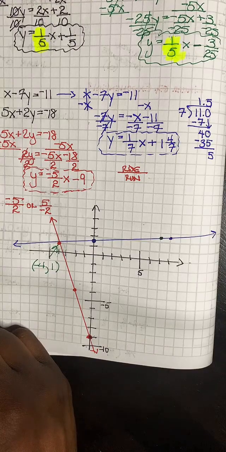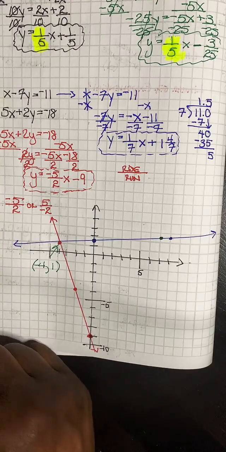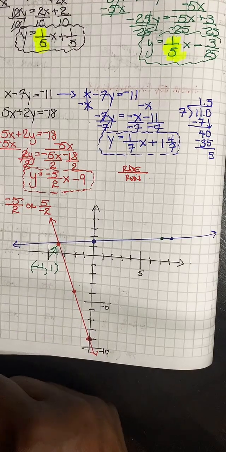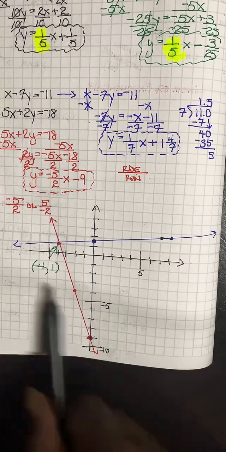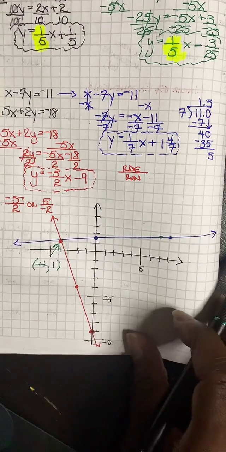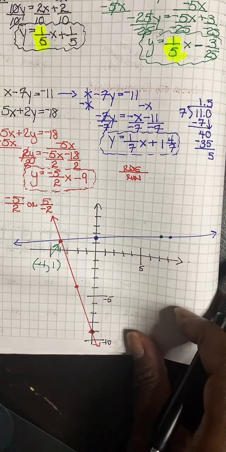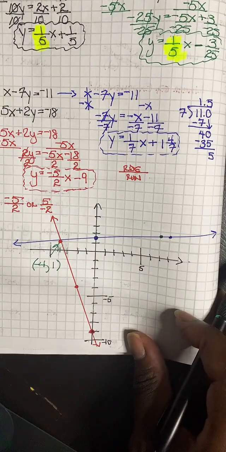All right, so roughly, that'll be your point of intersection. And again, once you figure out one of your equations, this is a bit much. So you could have gone and done substitution or elimination.